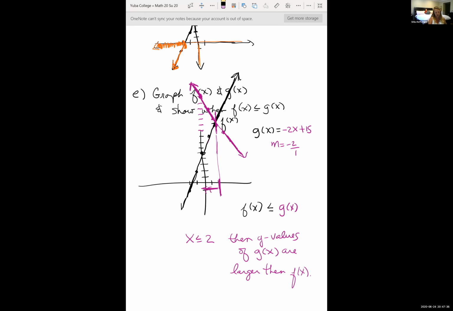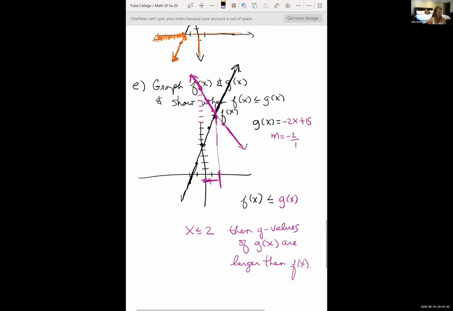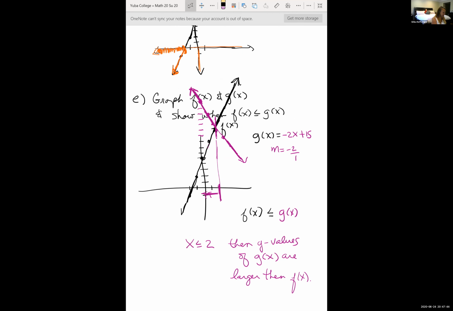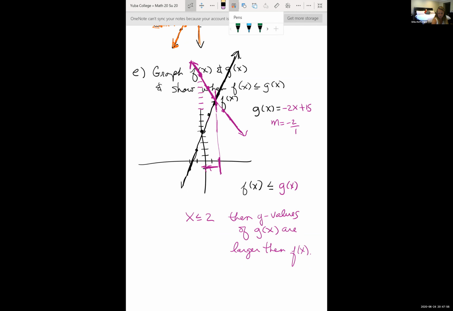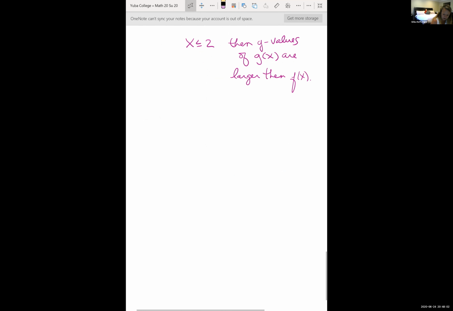So maybe you've solved them before, but not really looked at the graph of what's going on if you had graphed both of those linear equations.